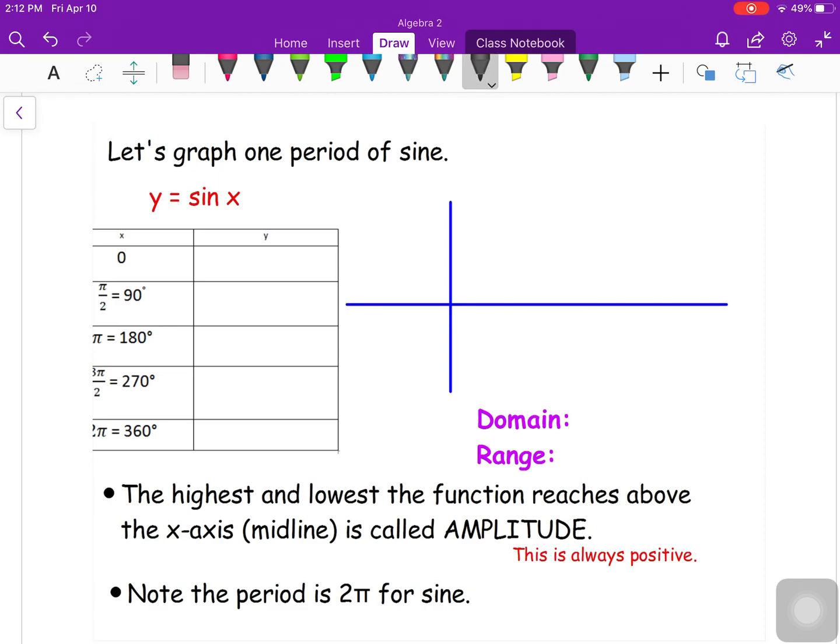So again, I'm going to do my values at 0 degrees, 90 degrees, 180 degrees, 270 degrees, and 360 degrees. So if I am here at 0 degrees, that is the point 1, 0. If I am here at 90 degrees, that is the point 0, 1.